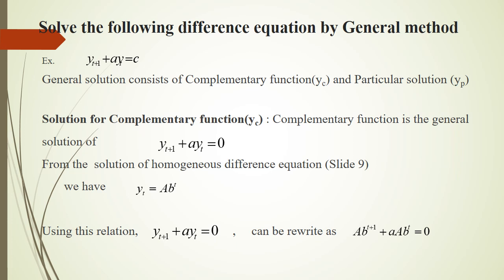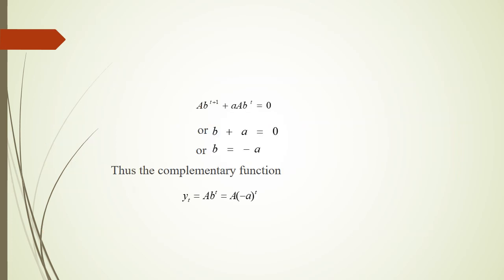Now come to the second part. What is the second part? The second part is a y(t). Now you put the y(t) value from the homogeneous solution, directly y(t) = A b^t, only the coefficient a is with that. So finally the complementary part solution of this given equation is A b^(t+1) + a A b^t = 0.